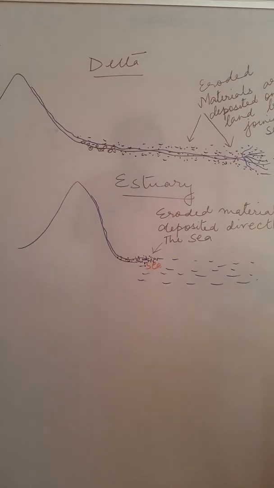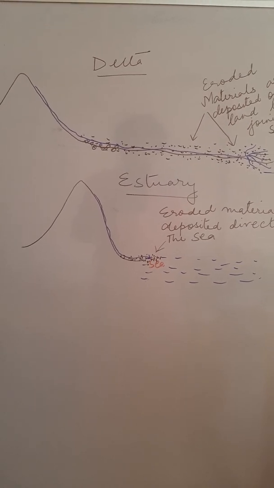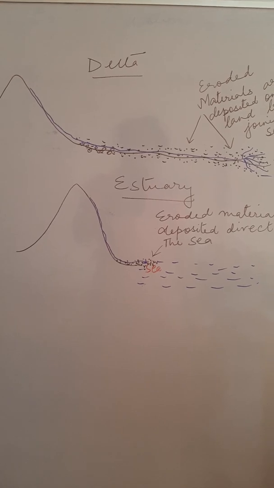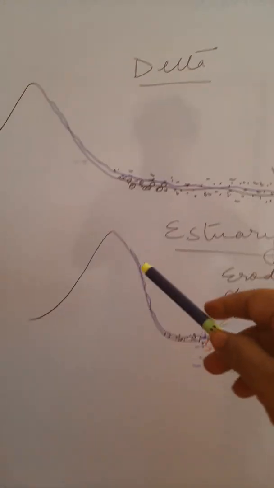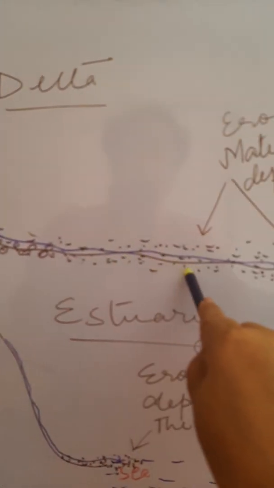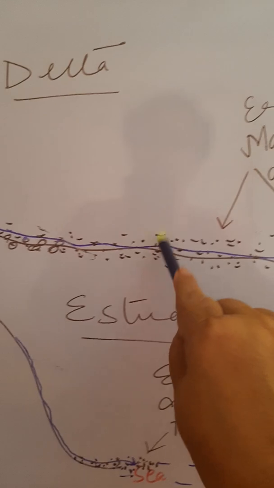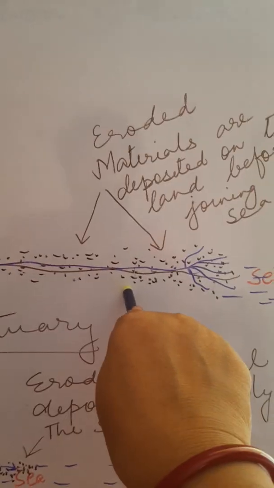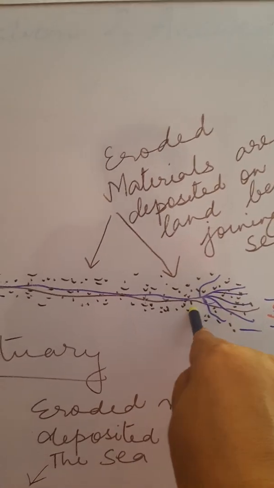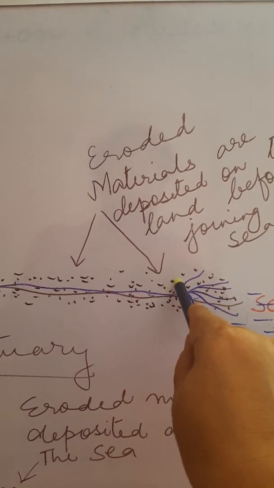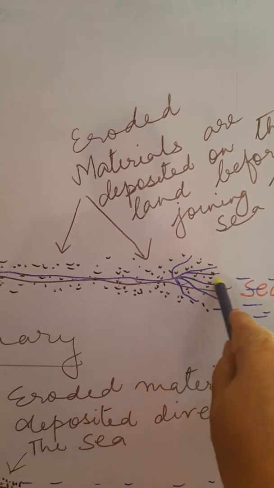Children, you can see that I have drawn the diagram of both delta and estuary. In case of delta, though I had explained delta before, you see that the river is coming down, dumping the heavier material here. It is going forward, but it is continuously dumping, depositing all this material, and it is depositing to such a great extent that the river is getting blocked, and the river starts dividing into channels.